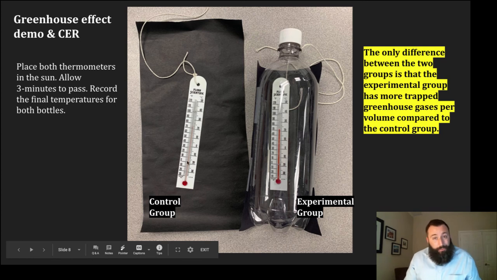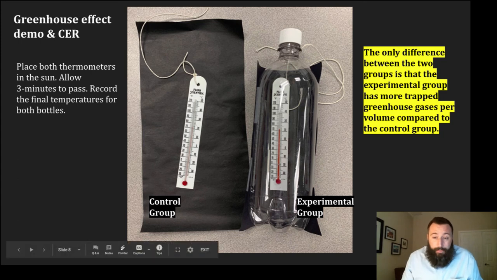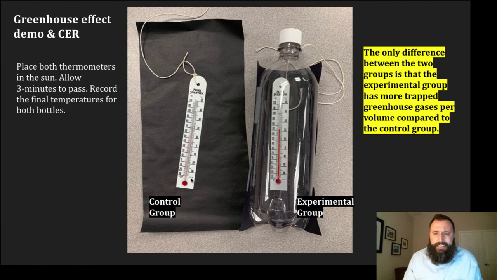In our control group, the one that's not going to have the bottle, notice that there's no trapped gases here. So there's a lot less volume of gas. Let me say it again, less gas per volume here on our control group than over here on the experimental group, where there's a lot more gas per volume. It's trapped in there, and we're going to see what happens in terms of the temperatures, right?